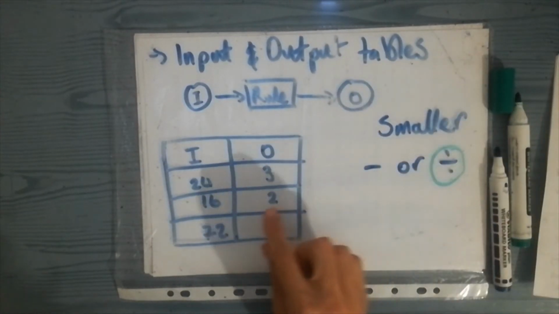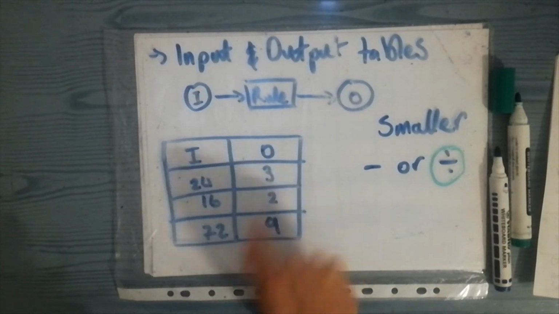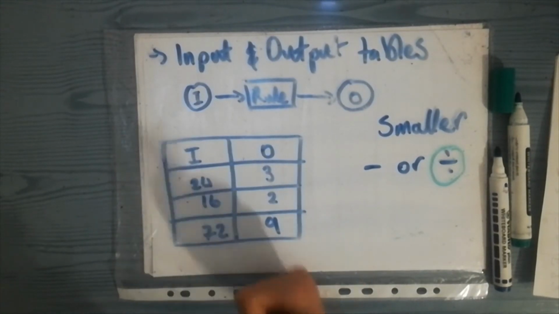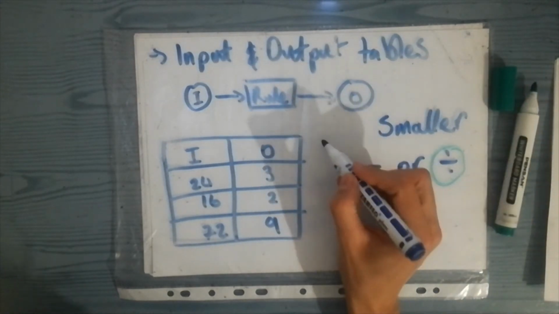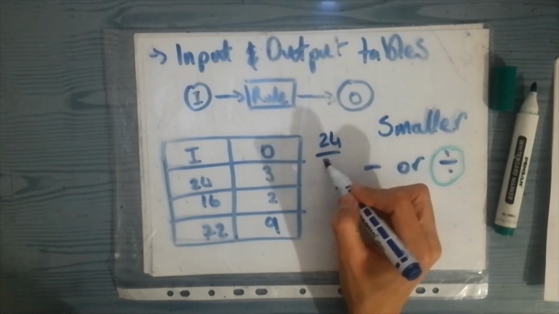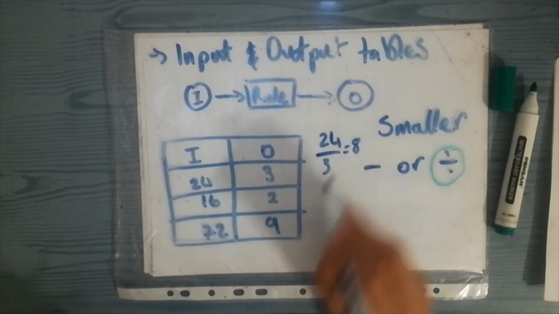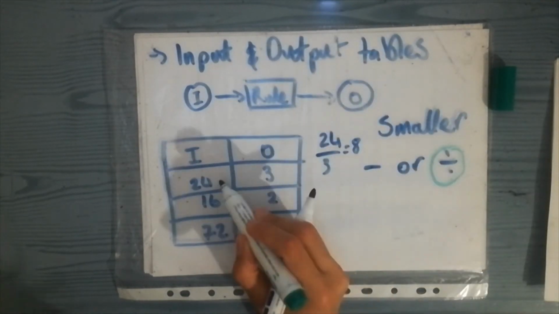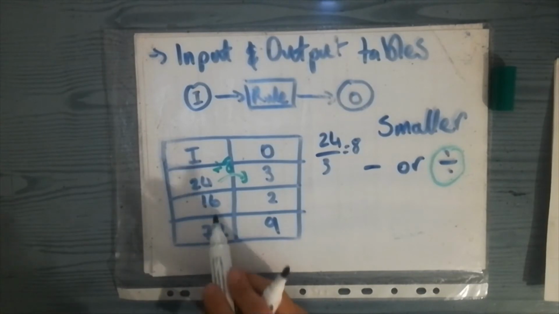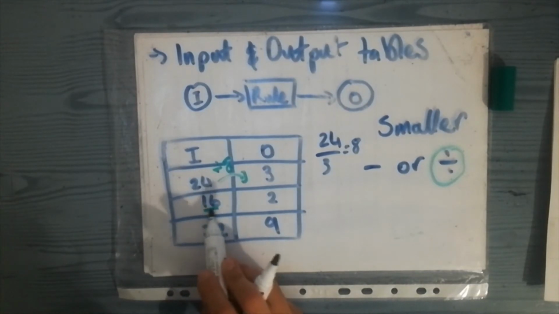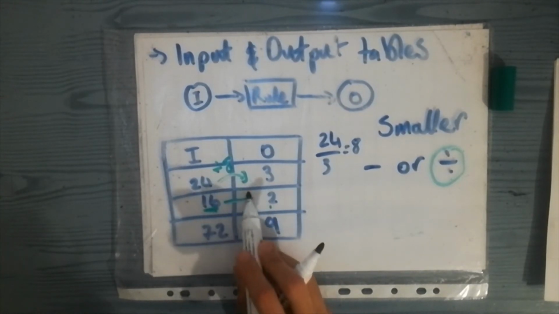So what should I do to the 24 to make it a 3? 8, 16, 24. If you want, you can see how many 3's go into 24, which is still 8. So from here to here, division by 8. What am I going to do to the 16 to make it a 2?